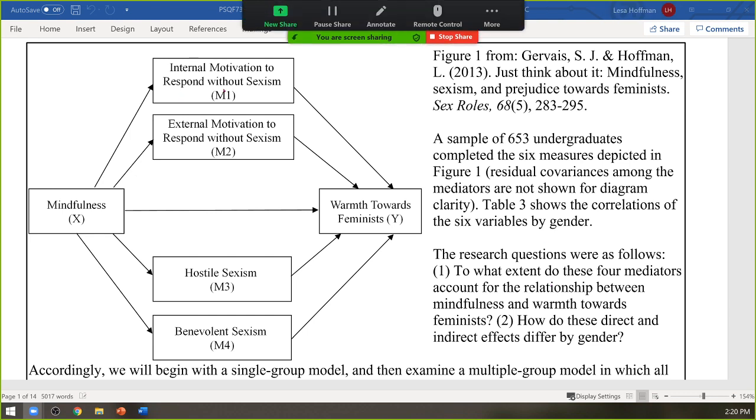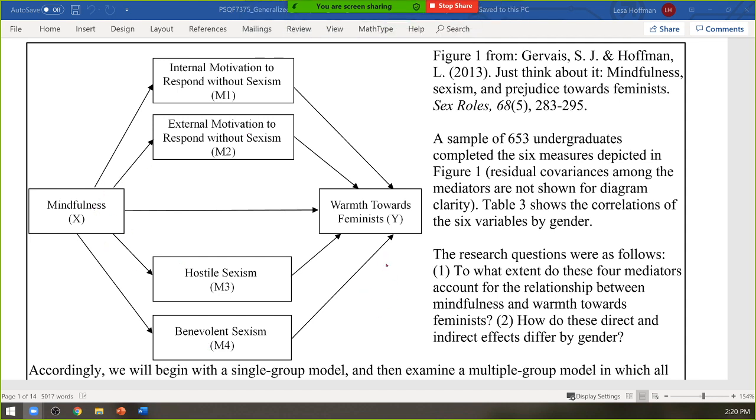So a regression predicting this variable from mindfulness, this variable from mindfulness, this variable from mindfulness, and then having some of them with gender and gender interactions, and there were 7,000 regressions. And the reviewers were like, oh my God, I can't handle this. Can you please put them into one model? So she came to see me, and I said, sure, we can. And so I am now second author on the paper, which was successfully published.